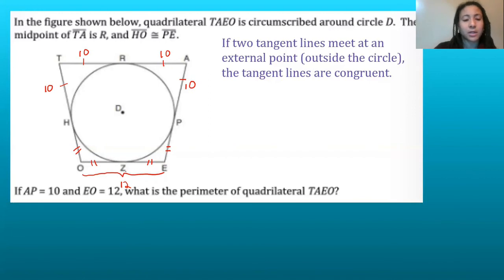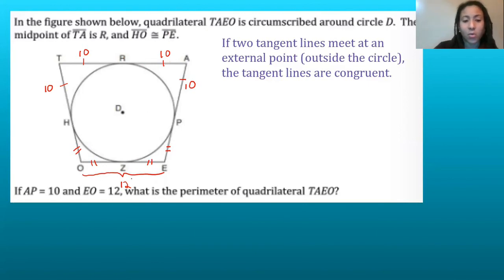Now let's look down at the bottom. They gave us this whole thing to be 12, but we have all these markings here that are equal. What do you think we can do? If you work backwards, think about what happened up here. This was 10 and this was 10 because they had the same marking. The entire length of AT would have a sum of 20.